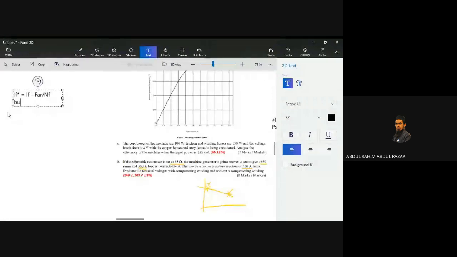But at this time, IF is equal to VF over RF total, which is 50 over RF total, which is 6.5 plus 65.